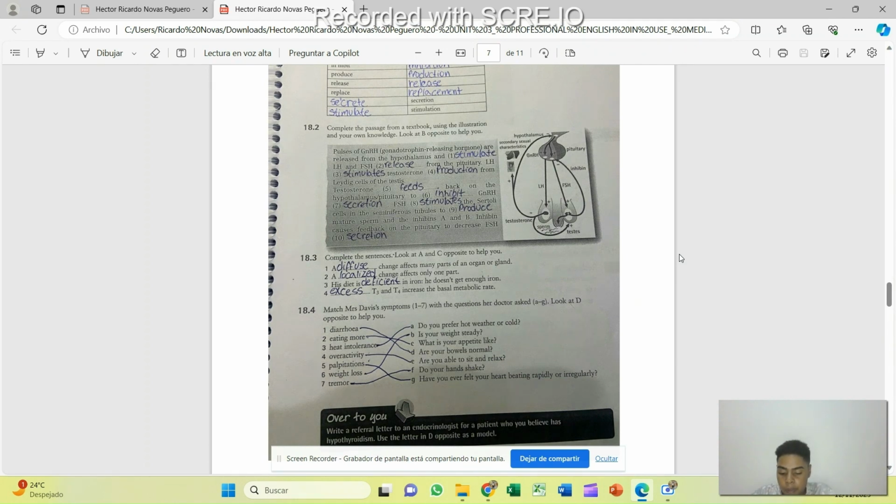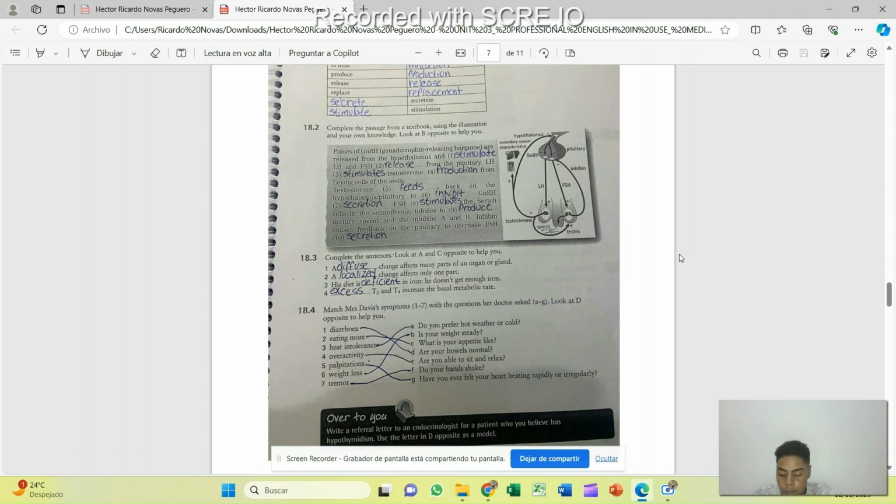18.2. Complete the passage from a textbook using the illustration and your own knowledge.